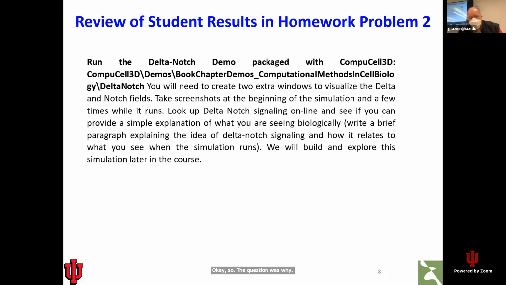The question was, why are delta and notch both either both high or both low in the simulation that we wrote? Whereas in biology, typically you have high delta, low notch, or high notch, low delta. The answer is twofold. First, the simulation itself uses a very simplified approximation of delta notch. And that simplification omits some complexities of the way the signaling really works.